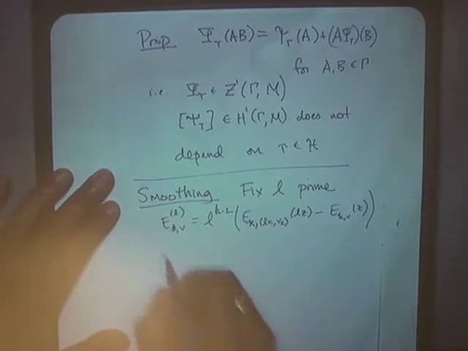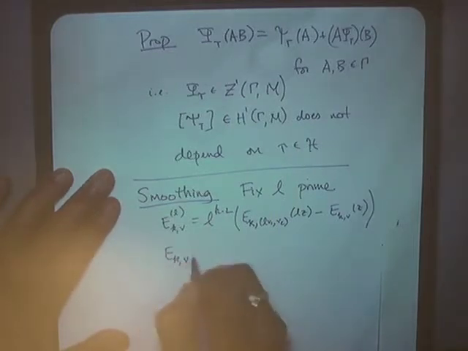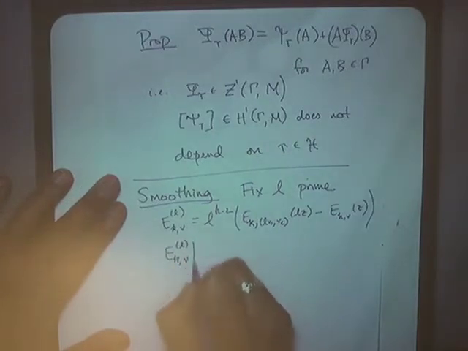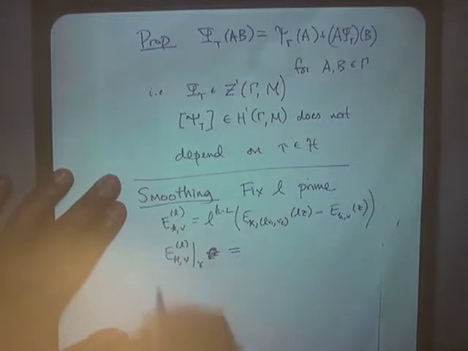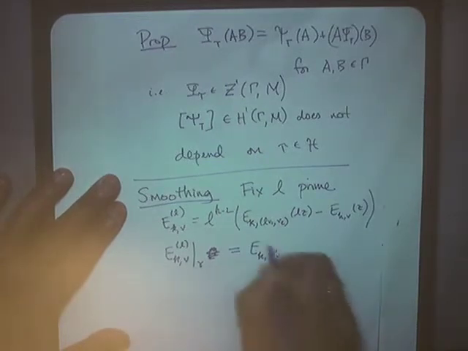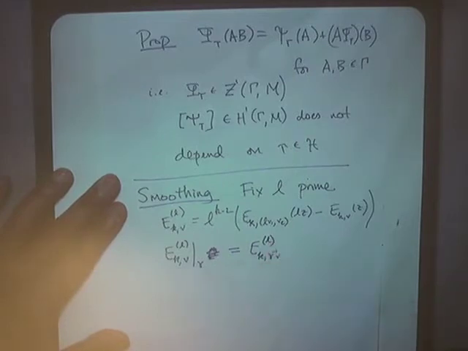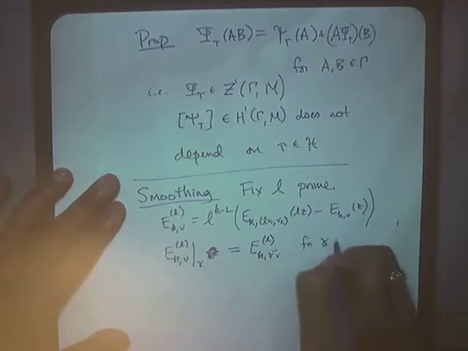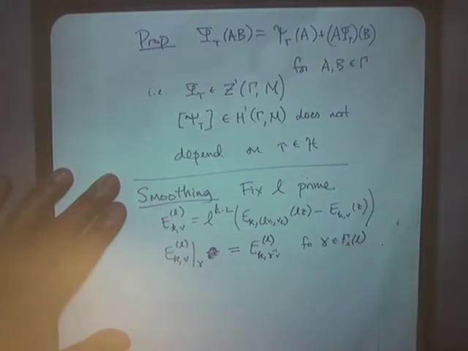But let me tell you something about what the smoothing has. So the property is, so now what about the weight K slash operator? Well, I want to say, is this equal to E_K of gamma inverse V sub L, like I had with my unsmoothed guys, my original guys, and this is still true if gamma is in gamma naught of L. So as long as your matrix is upper triangular mod L, then it still holds.